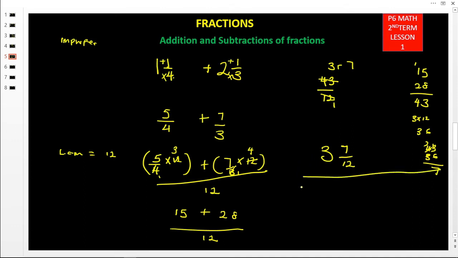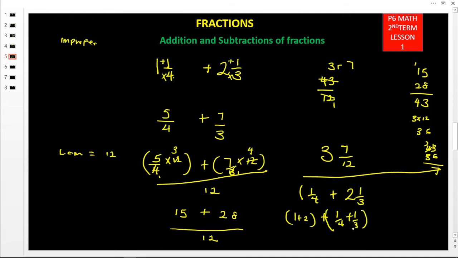Then another approach is this one, a 1 and a quarter, then plus 2 and a third. So when you are having mixed numbers here, it is easier to first add the whole numbers, like 1 plus 2 in brackets, then plus a quarter plus a third in brackets.